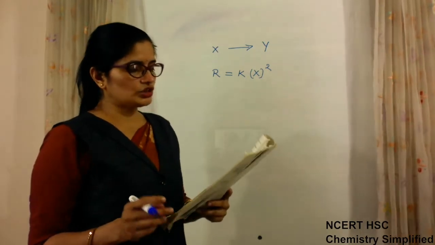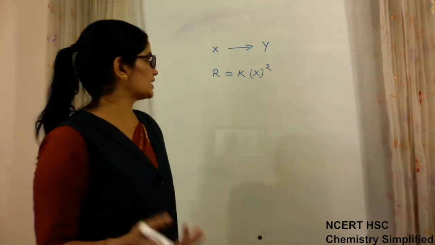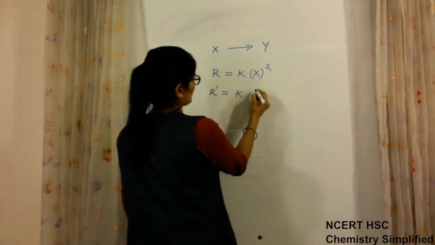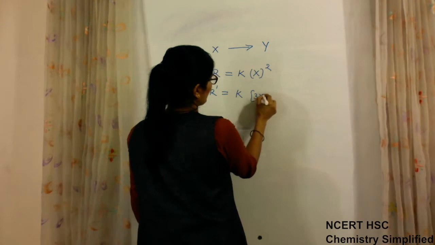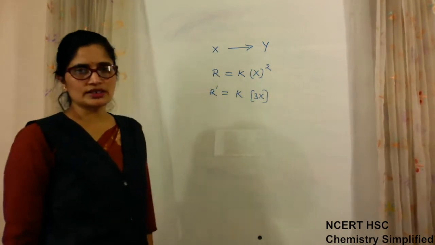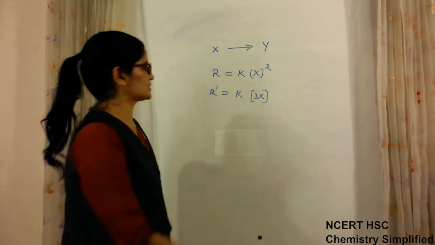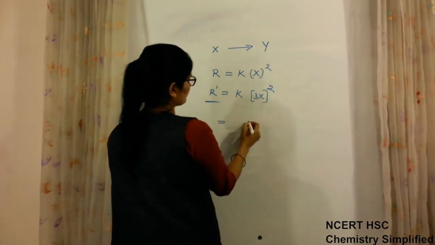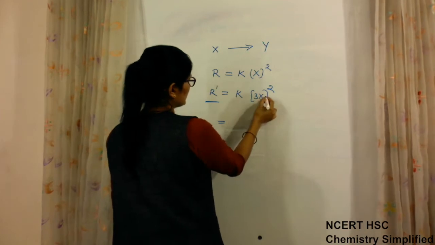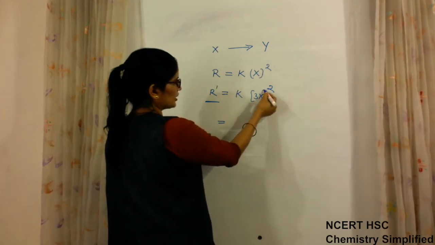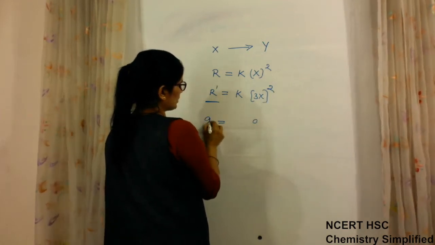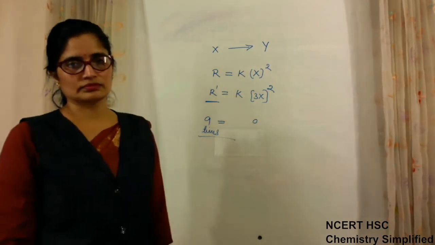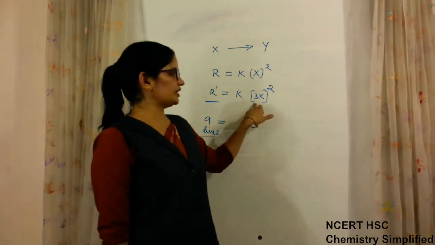If concentration of X is increased to 3 times, so instead of X now it is 3X, then what will be the effect on rate? It will be 3 raised to power 2, that is rate will become 9 times. 3 into 3 you will do.